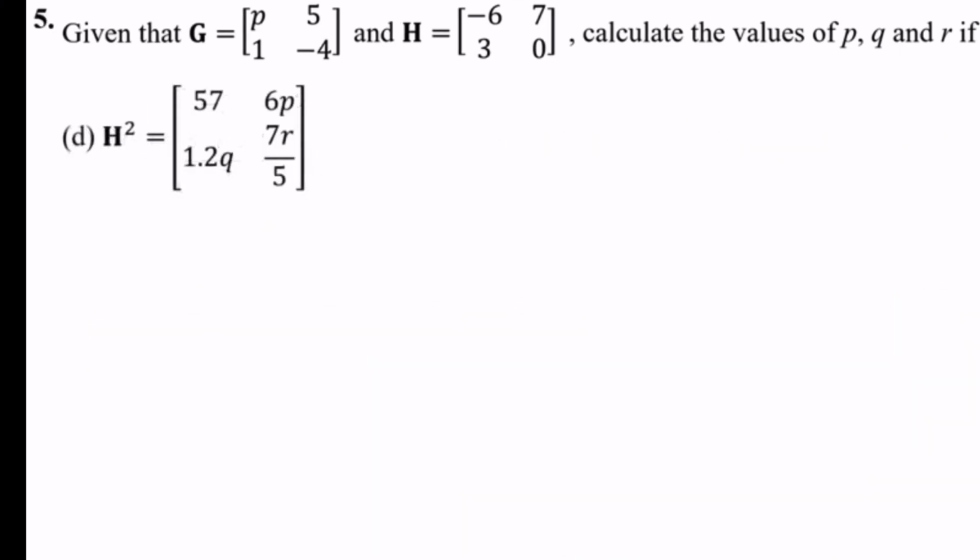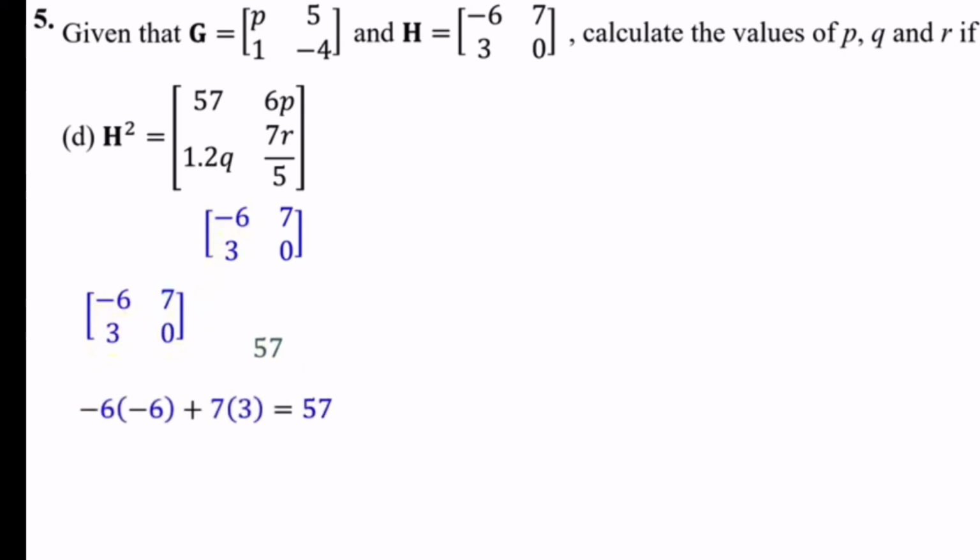So for H squared, we will copy down the matrix H times the matrix H, and then we will solve it carefully. So let's copy down the matrix H, which is negative 6, 7, 3, 0, going to times with negative 6, 7, 3, 0.